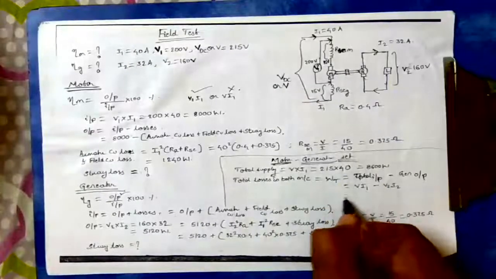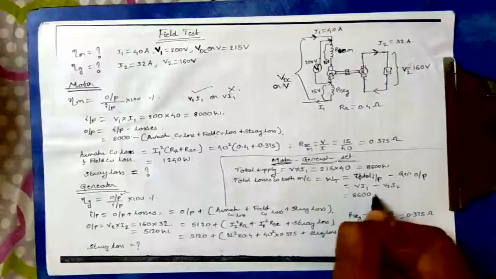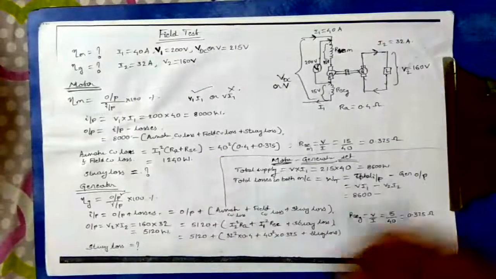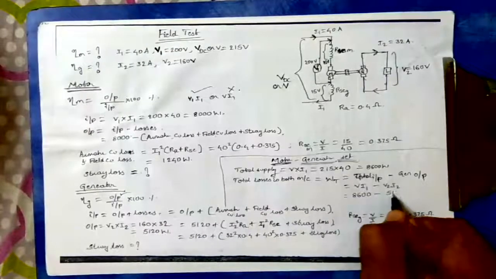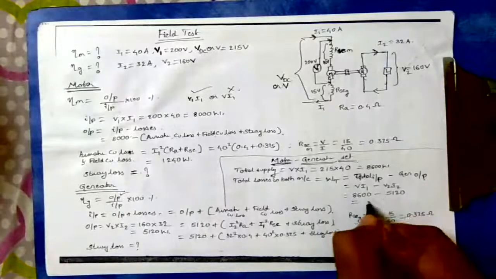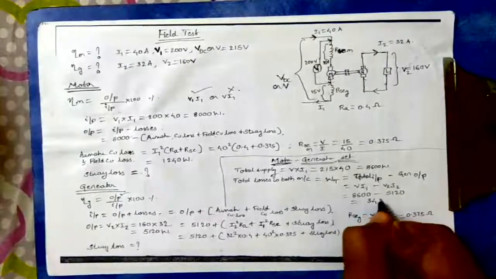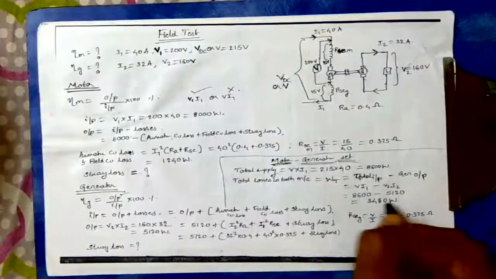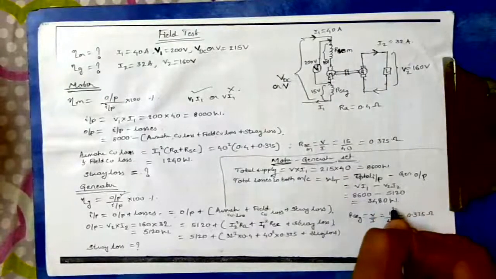V into I1 is 8600, and V2 into I2 is 5120. It results in 3480 watt. That is the total loss in the machines.